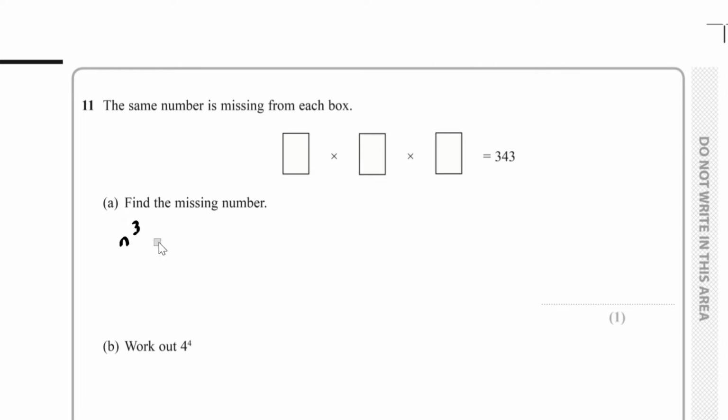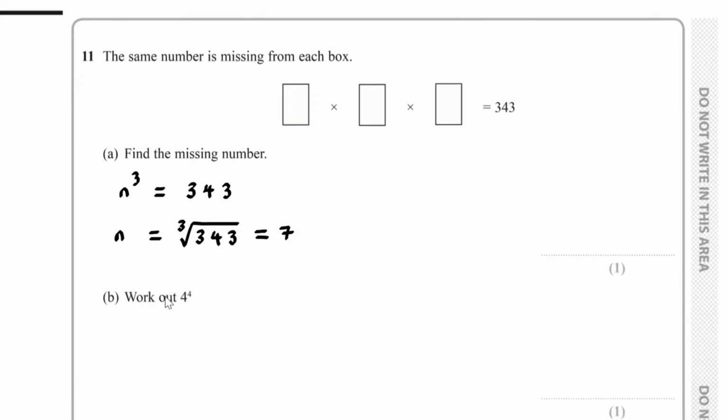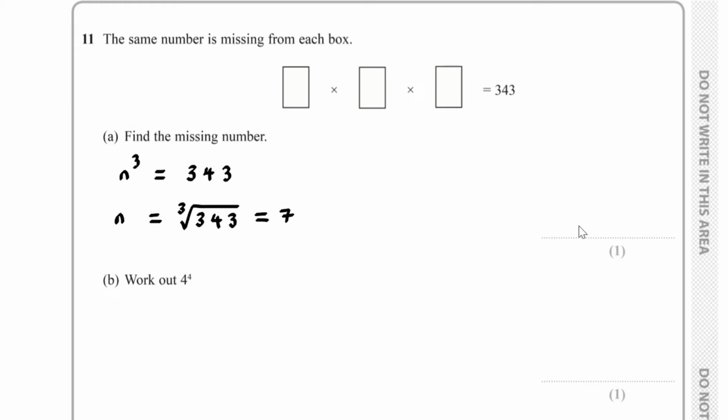The result is 343. So we need to find out what n is. We've got this 343, which we need to cube root. And it turns out we get 7. So this missing number is 7.